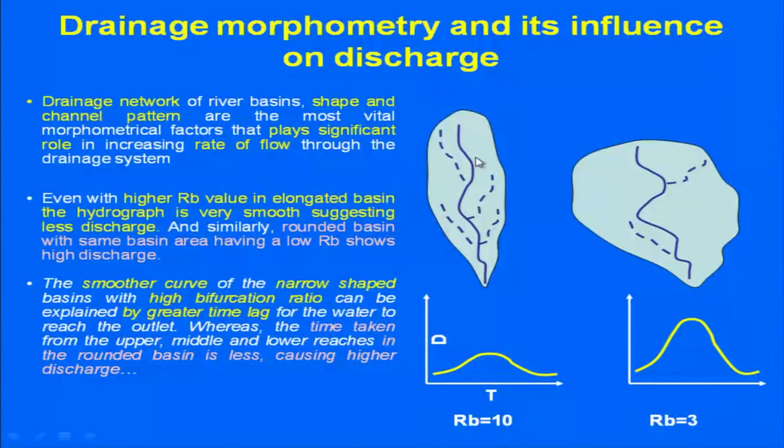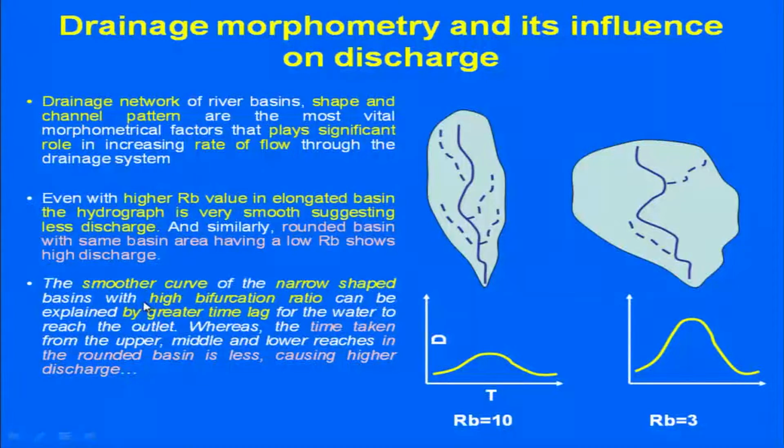The reason is, if you compare the distance, that is very important. The length along which the drainage has spread out is very important. The smooth curve of the narrow shaped basin, so this one is the narrow shaped basin with high bifurcation ratio, can be explained by greater time lag for the water to reach the outlet.